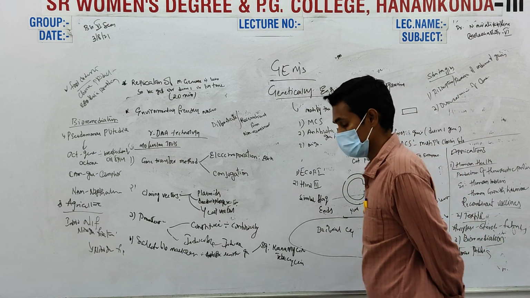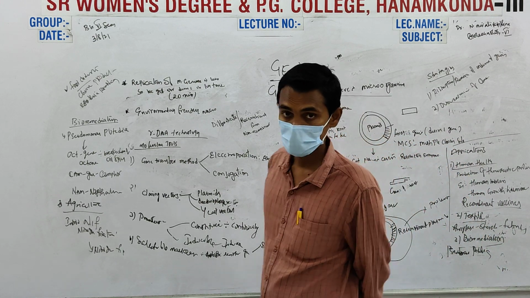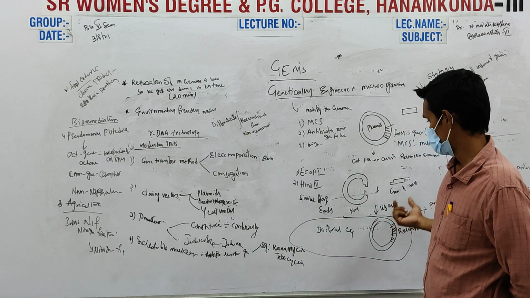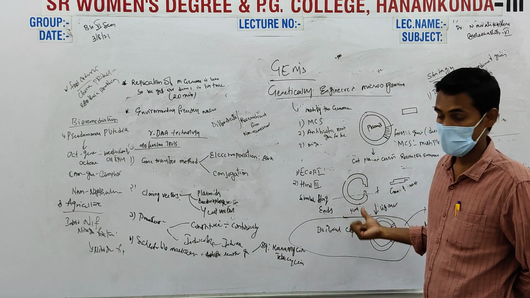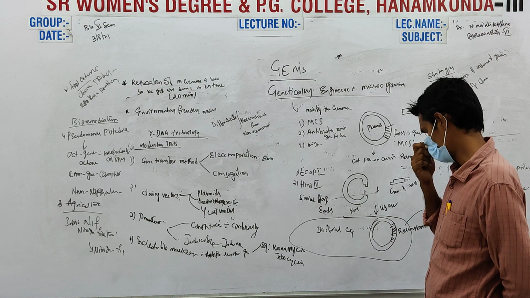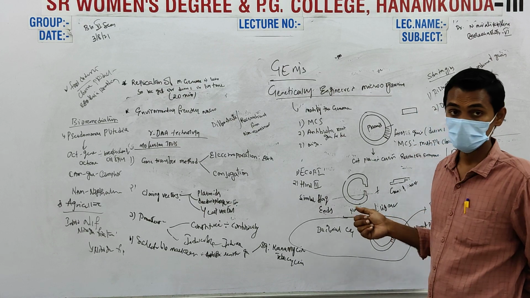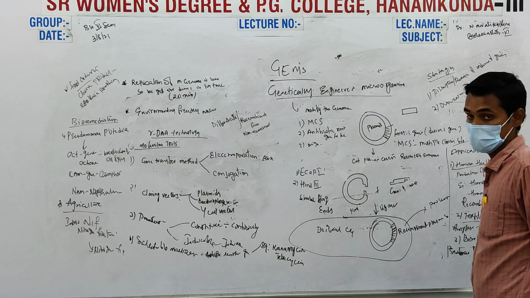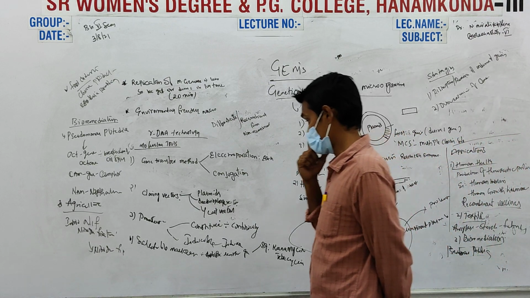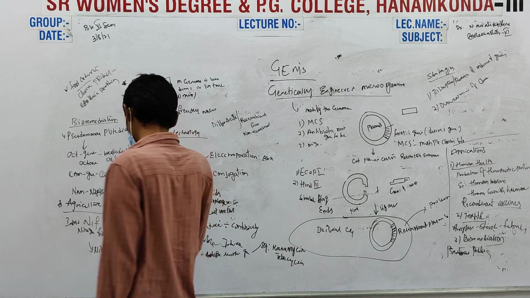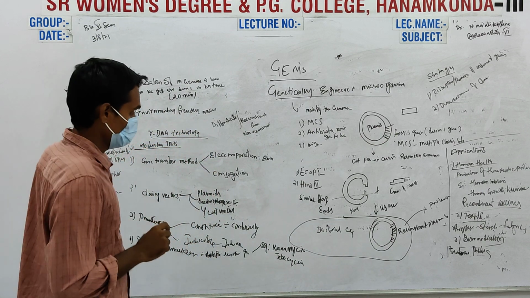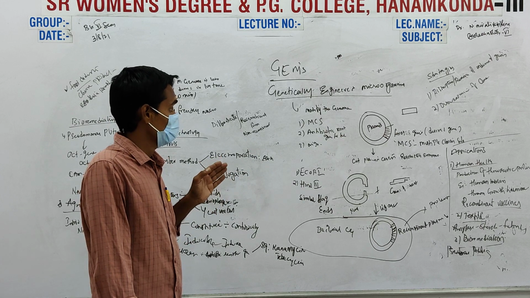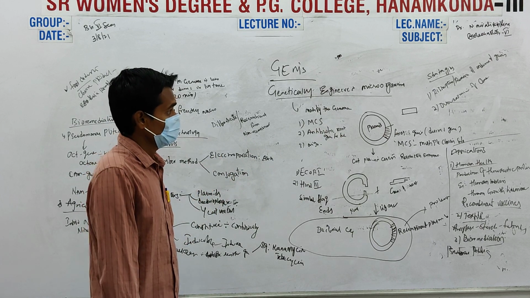We use the same restriction enzymes to cut the plasmid vector and the gene of interest. After restriction digestion, we ligate the vector and gene of interest, which results in the formation of a recombinant plasmid. This recombinant plasmid is introduced into the host bacterial cell by electroporation or conjugation. So these are the steps involved in the generation of genetically engineered microorganisms.